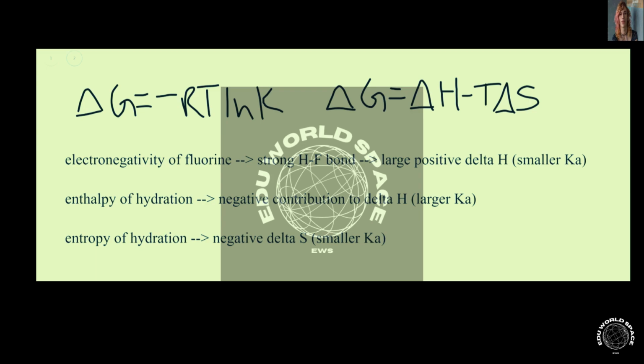So we have these very small fluorine atoms, and the entropy for water molecules surrounding these fluorine atoms in a very ordered way is a negative ΔS. So ΔS is negative, which means that we have a smaller Ka and a weaker acid. So this entropy of hydration actually explains why hydrofluoric acid is a much weaker acid than hydrochloric, hydrobromic, or hydroiodic acid.